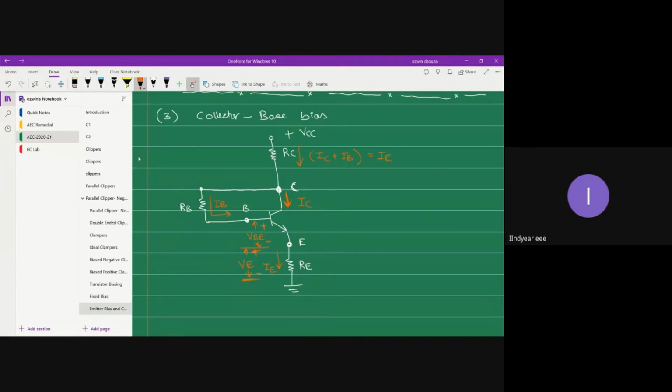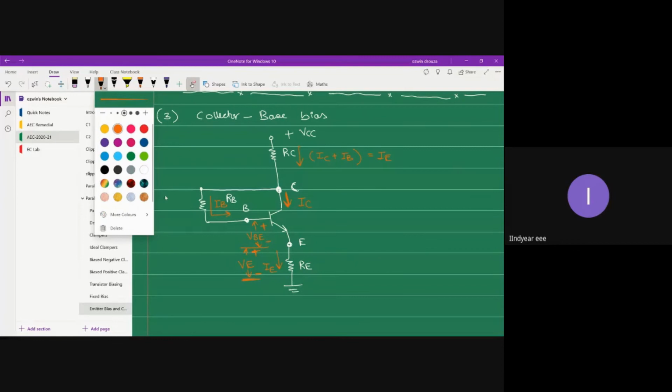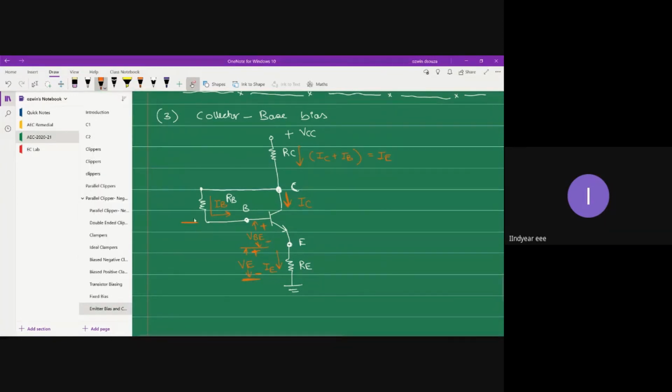Just to add clarity, I will write this RB inside. Across resistor RB, what is the voltage drop? IB into RB, this is plus, this is minus.